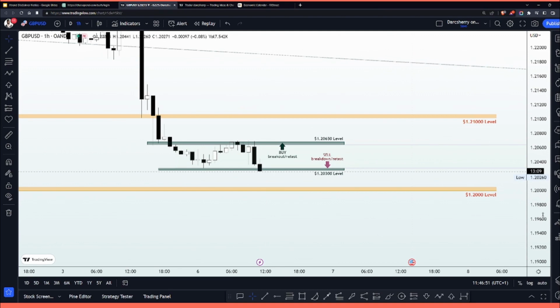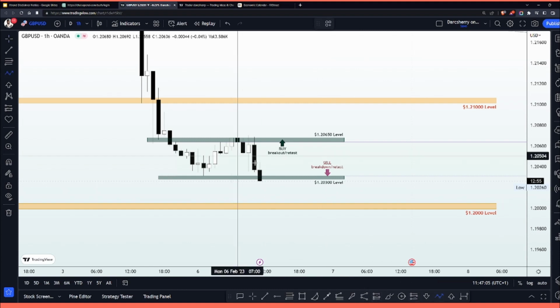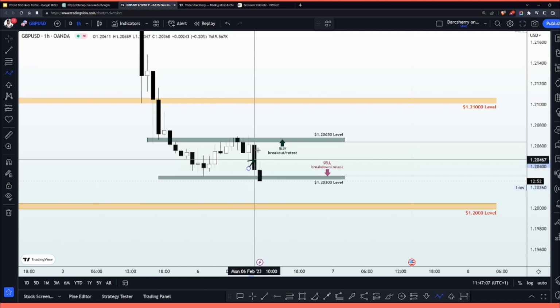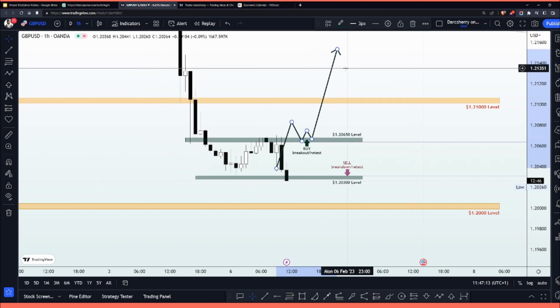In as much as this current structure is looking more bearish at this point, we should not ignore the possibilities that buyers could actually come in. So because of this, I already have a buy stop order just in case I get stopped out from my sell position, right above the 1.20650, where if a breakout retest of the structure happens, we want to be thinking of buying the GBPUSD.